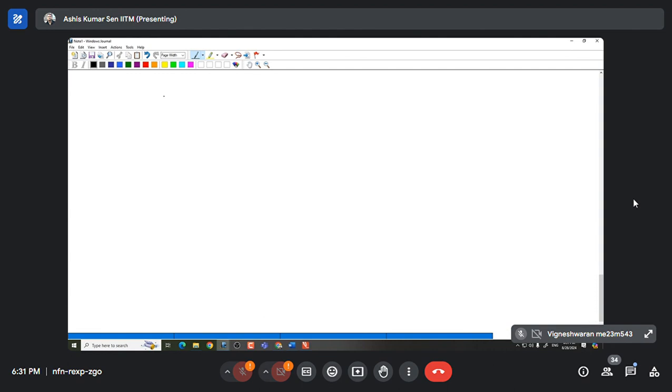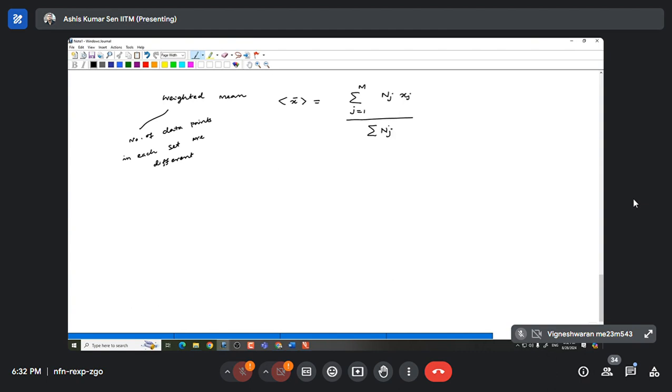So if you want to find out the weighted mean, when the number of data sets are different, basically there you find the sum over j equal to 1 to m of nj xj, divided by the sum of nj.